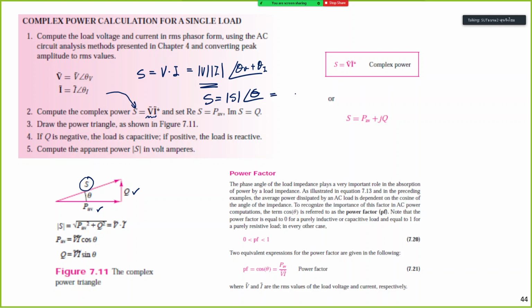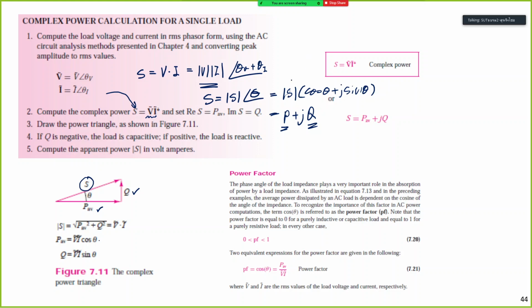Or we can express it as S cos theta plus j S sin theta, which is equal to P plus jQ. So P is the real part and Q is the imaginary part.